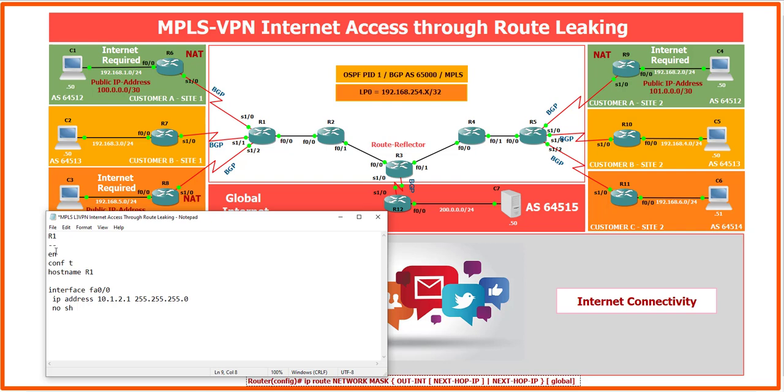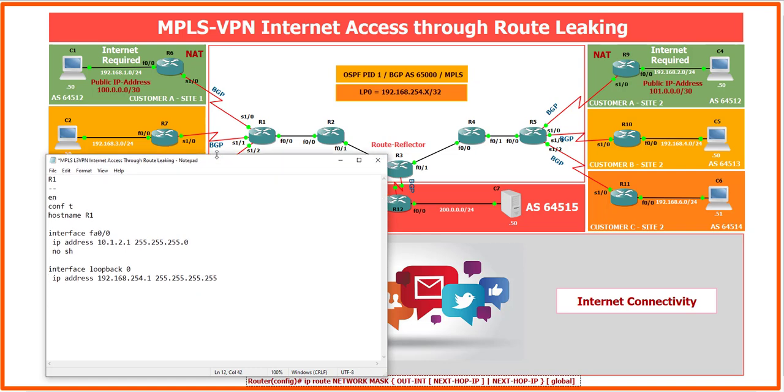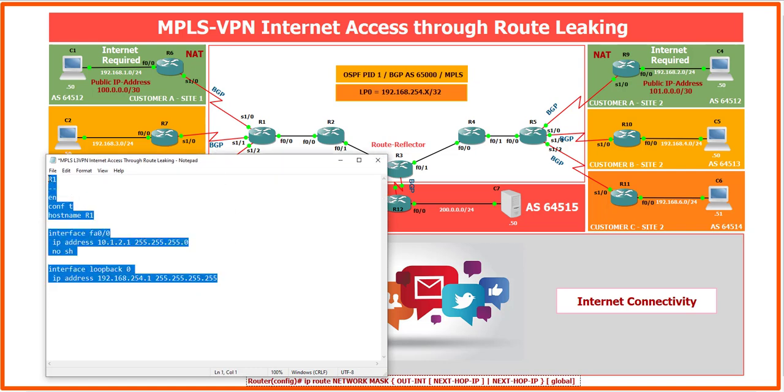And you know that after configuration of IP addressing, we can configure, for example, the IGP, OSPF. But before that, the next interface is loopback 0, and then IP address 192.168.254.1 255.255.255.255.